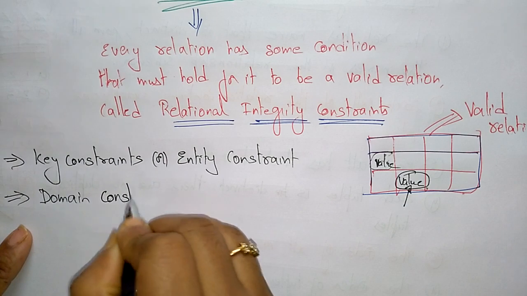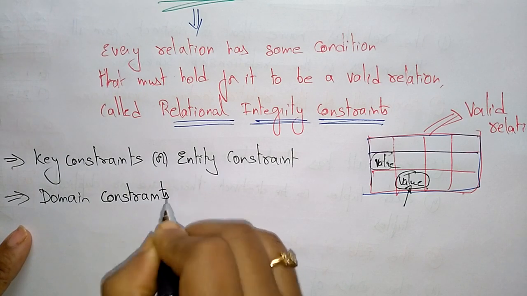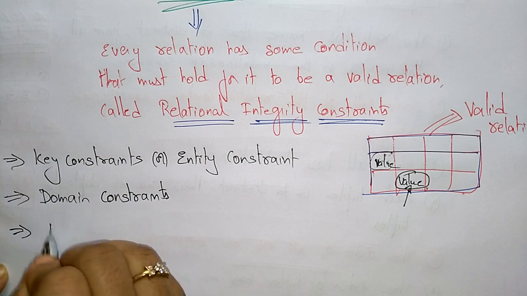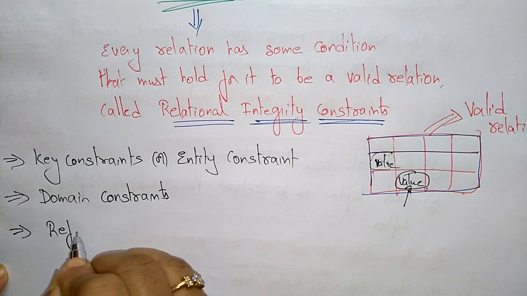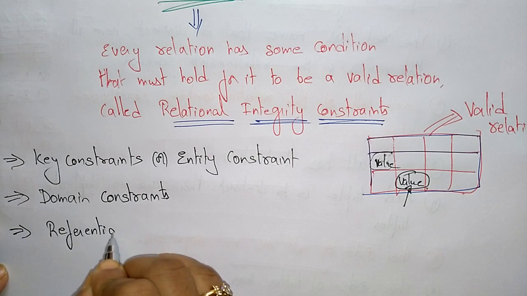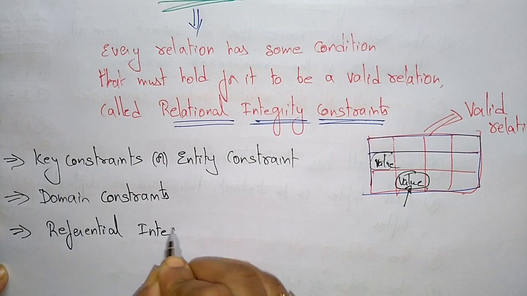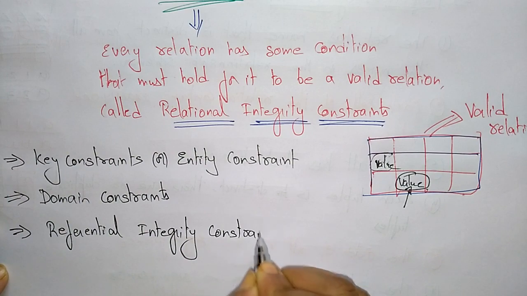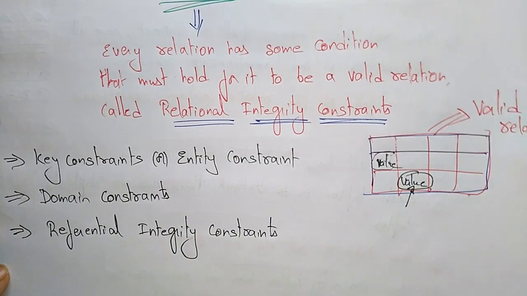So another one is domain constraints. And next, referential integrity constraints. So these are the three different types of constraints. Let us see them one by one.